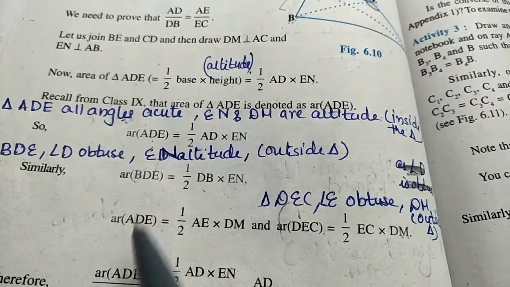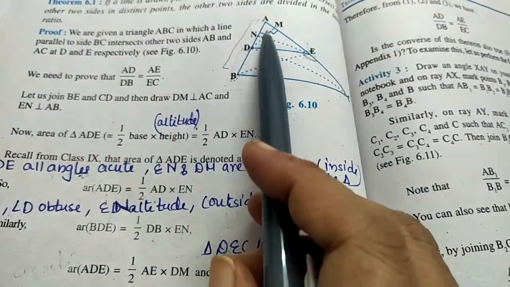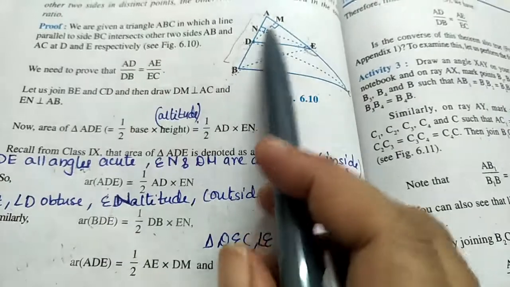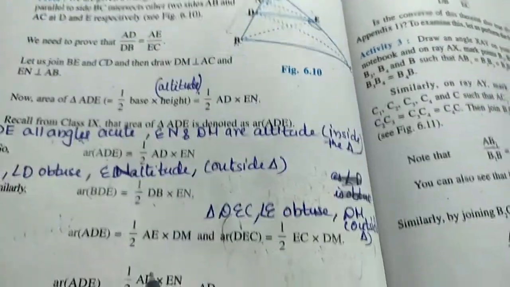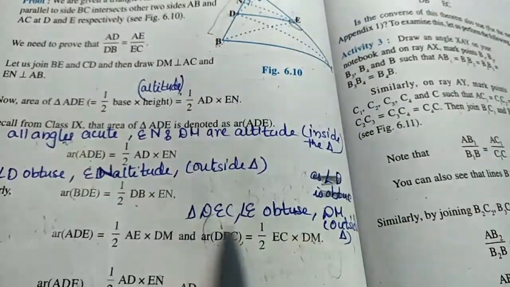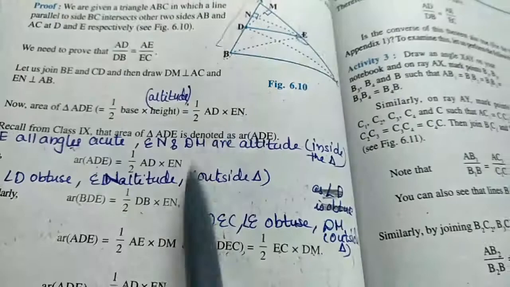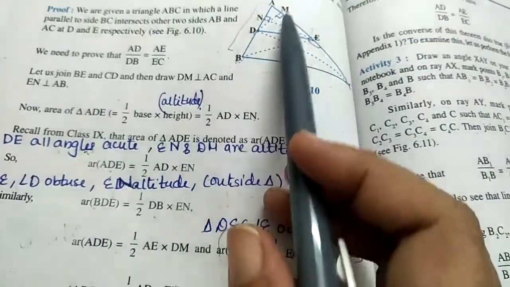Next you have got the same triangle ADE, where AE is the base and DM is the altitude. Then you have got triangle DEC, where EC is the base and DM is the altitude.